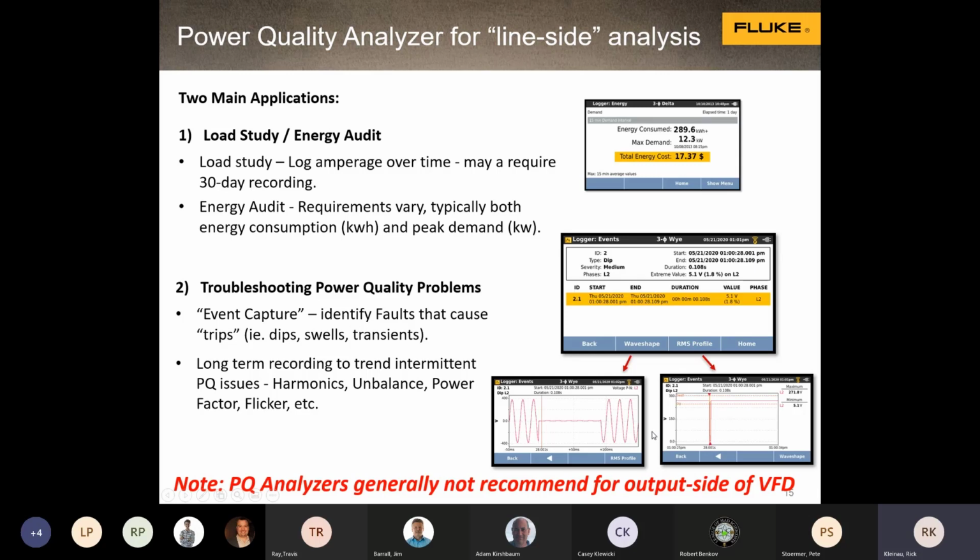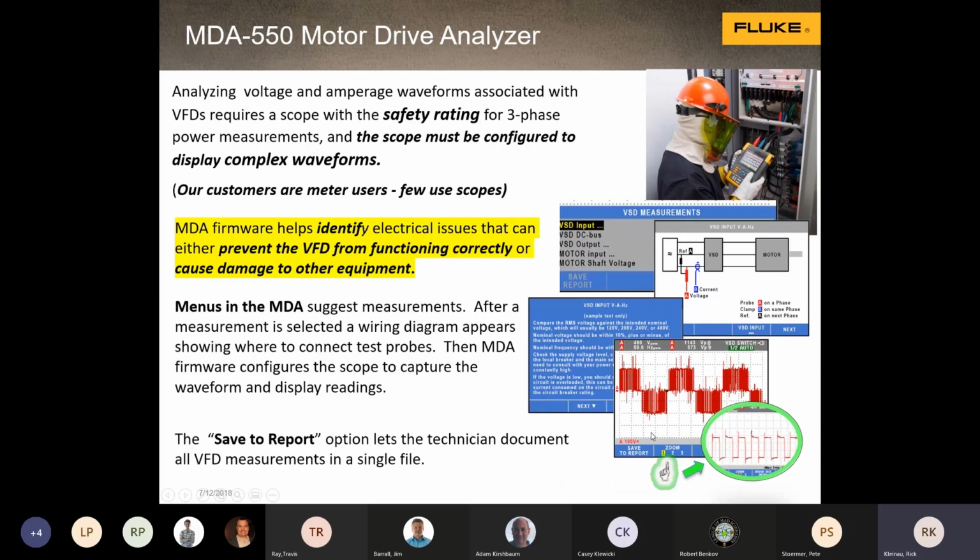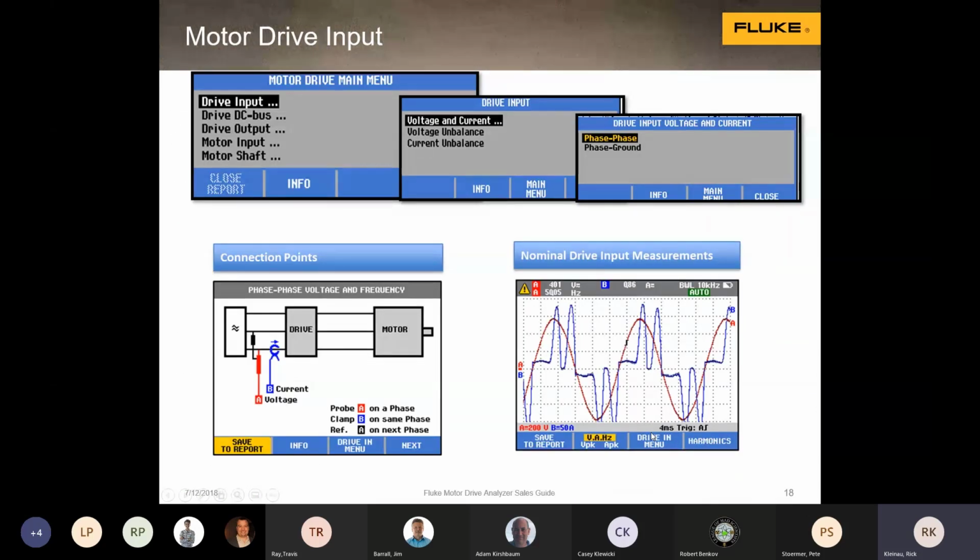You hook them up and say, I've got a three-phase delta or a three-phase Y. They understand that, and they'll show you where to connect all your probes. Even with the MDA, hooking up is a challenge, and you can't get all the voltages and currents at the same time with a 4-channel instrument.